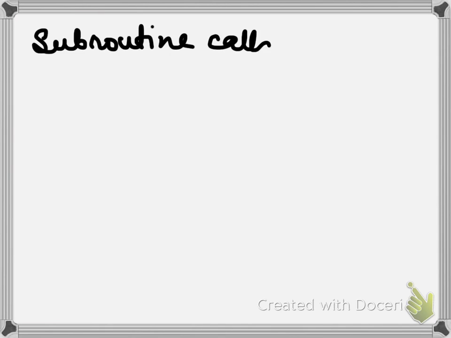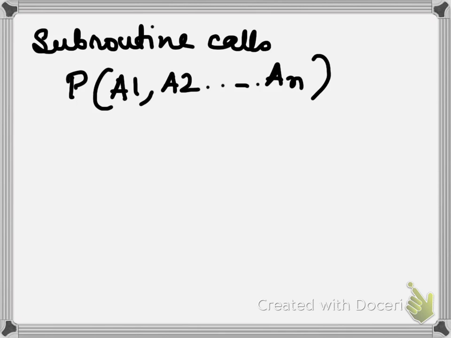Then you have subroutine calls, by which I mean function calls. It can be something like this: say p is the name of the function, and a1, a2, up to an are the parameters.